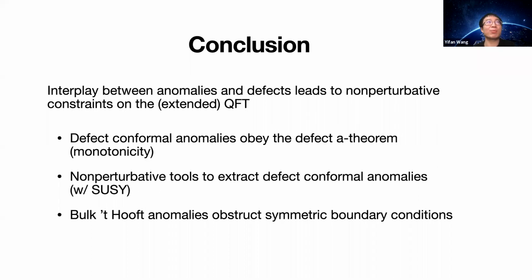In particular, if you explore the interplay between anomalies and defects, it gives rise to various non-perturbative constraints on the extended operator algebra. They involve defect operators as well as local operators.